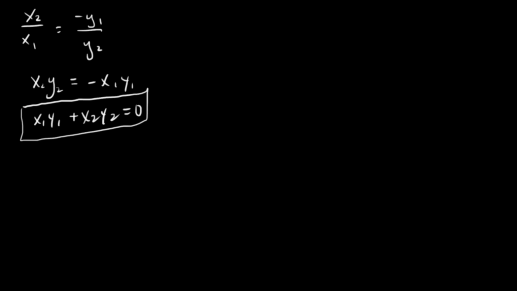Well, it's important because this is a consequence of two perpendicular lines. Their components, x1 and y1, were the rise and the run. If you multiply their corresponding components and you sum them up, it is going to be equal to 0.